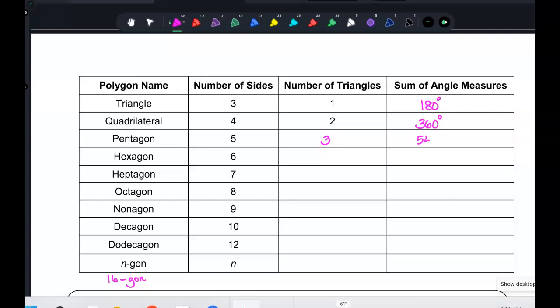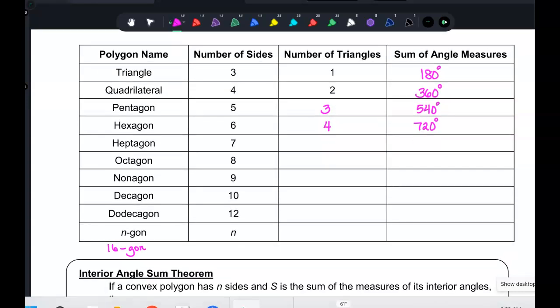And we said that was 540. This one had 4 triangles. What do we notice about the triangles according to how many sides? They're going up by 1. So this will have 5, this will have 6, 7.